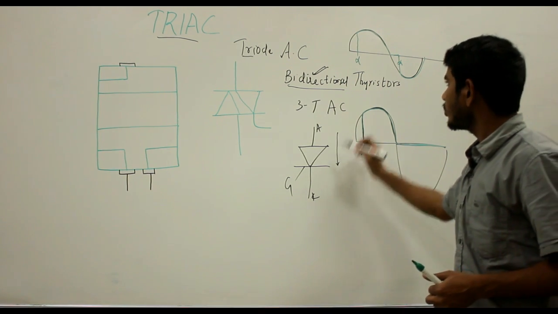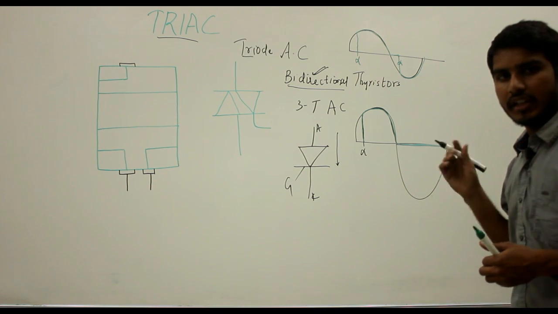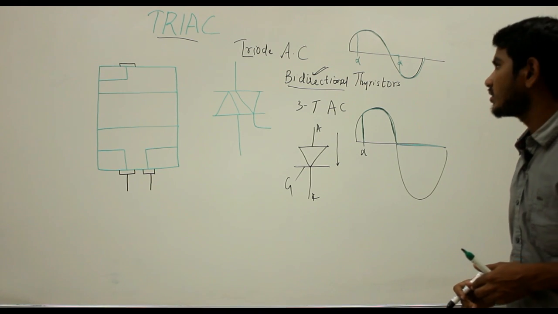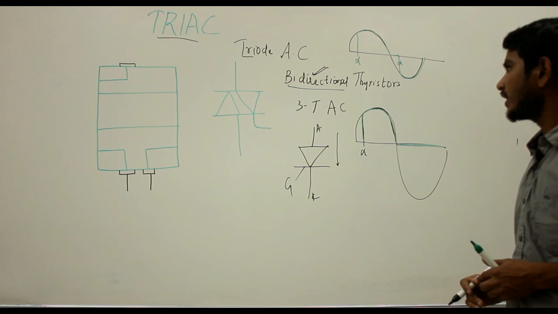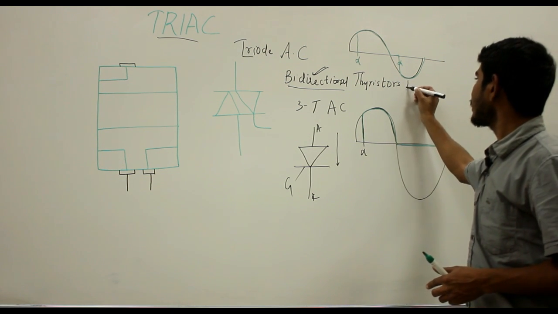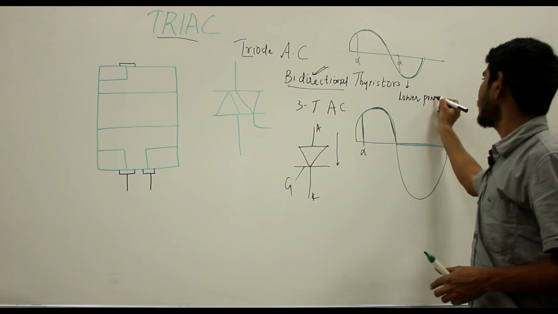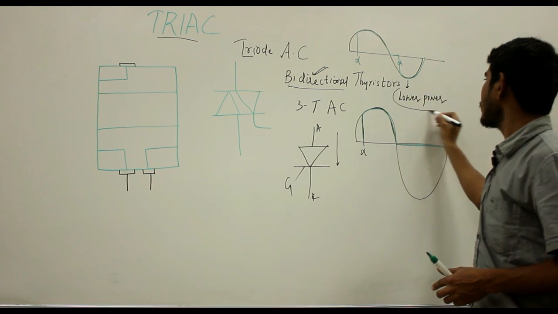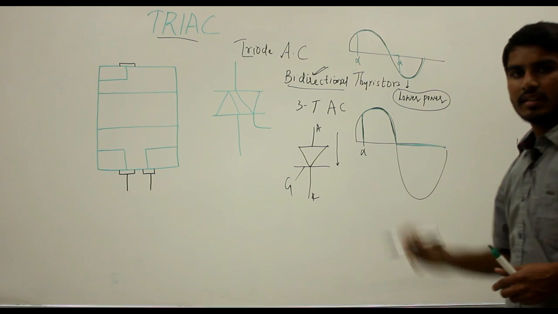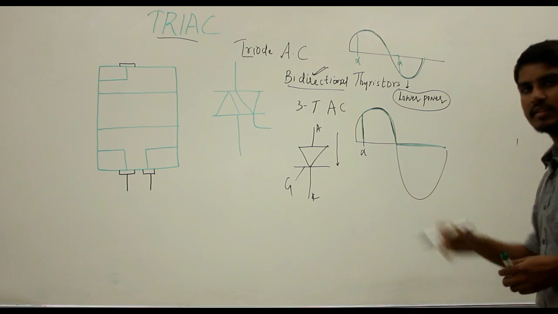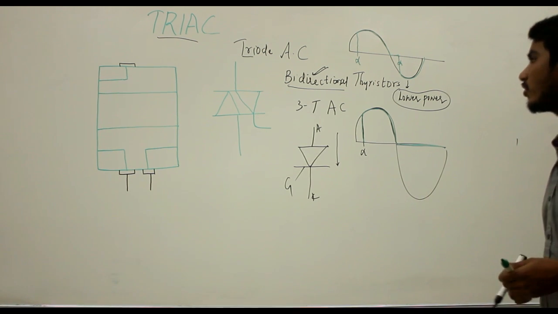Therefore, the Triac is an ideal device for AC power switching applications, but generally the Triac is used only for low power AC switching applications, because for high power it causes difficulty in switching. We shall discuss the difficulties for high power applications.